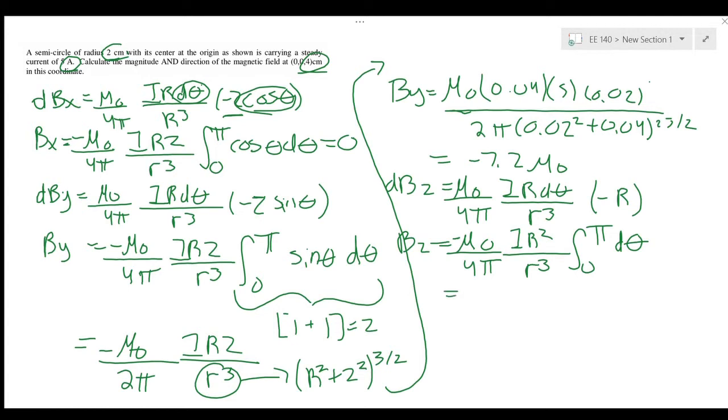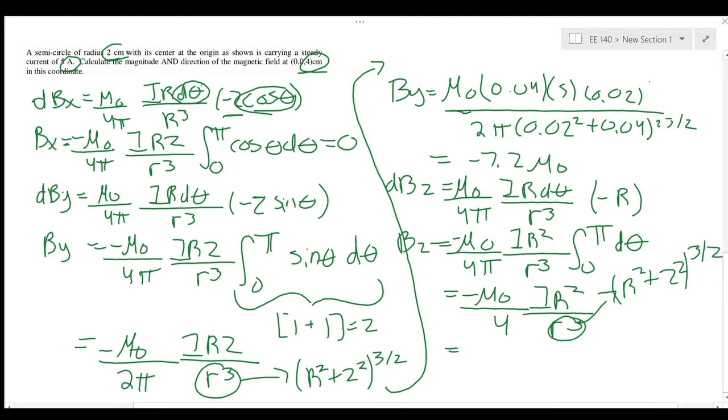And we get negative mu naught over 4 I r squared over r cubed. The pi's cancel because there's going to be a pi on top and then pi on the bottom. And then, as I stated before, r cubed is just equal to r squared plus z squared to the 3 over 2.